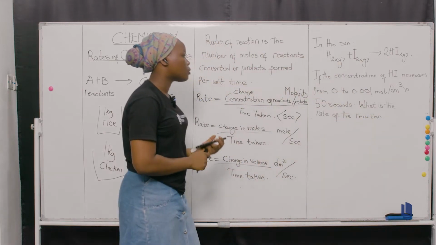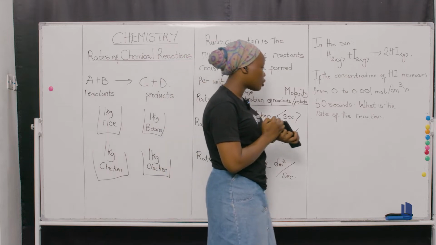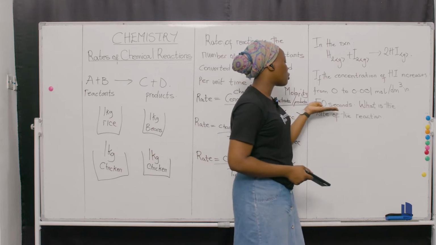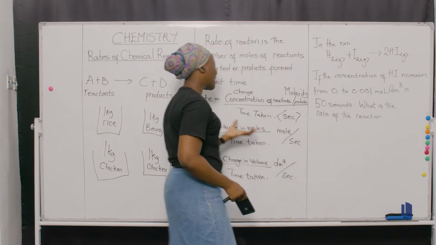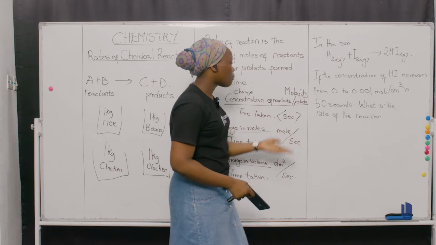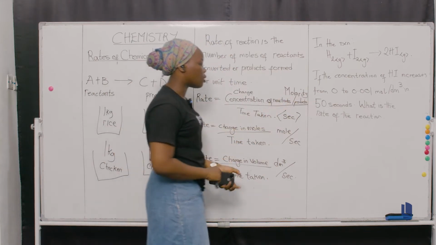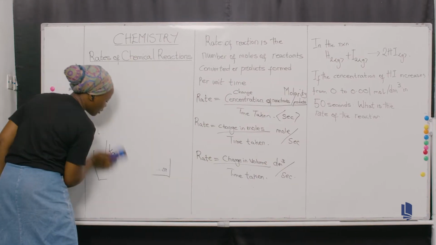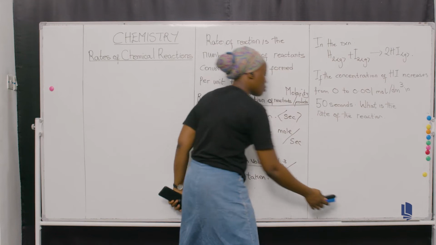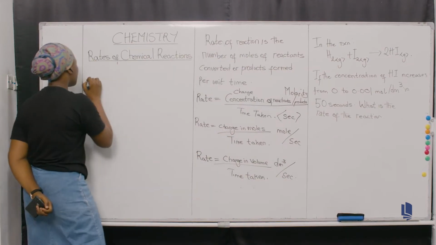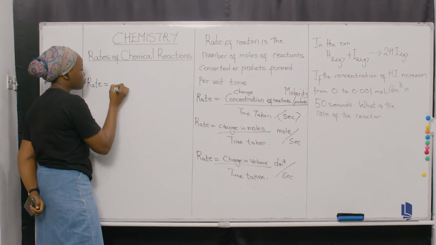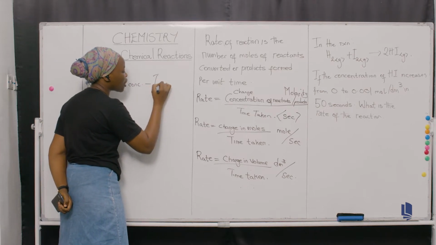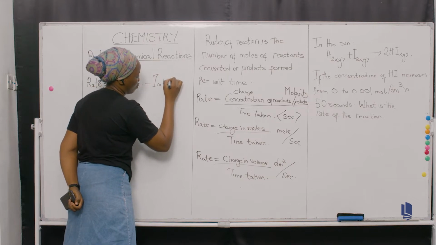So from the question, we are told the initial concentration and we are told the final concentration, and we are also given duration. And we know that is the change in concentration over time taken. So let's calculate that. Since time is already in seconds, we can calculate it straight. Rate equals final concentration minus initial concentration.